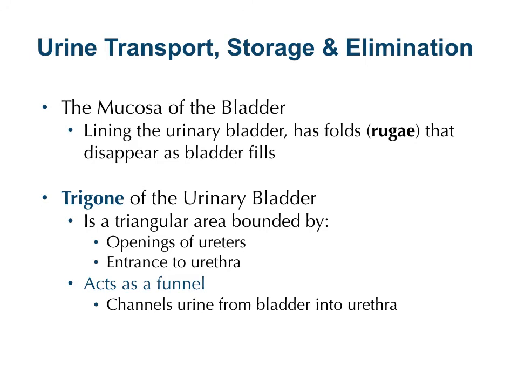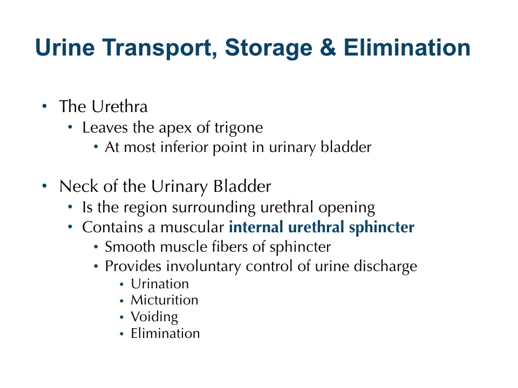The trigone is bounded by the openings of the ureters and the entrance to the urethra. The urethra leaves the apex of the trigone at the most inferior point of the urinary bladder. This is basically at the neck of the bladder.